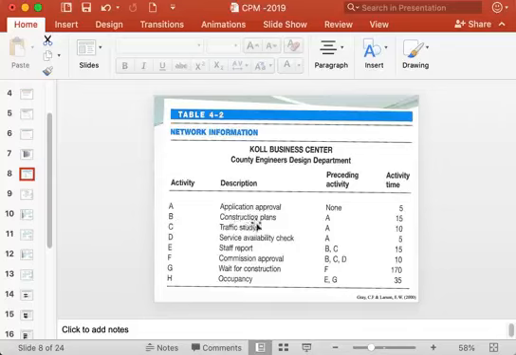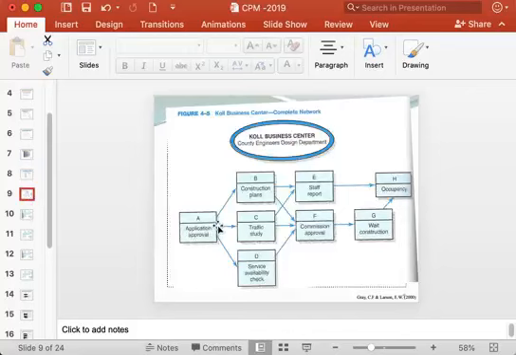Then activity B. For activity B to start, A must be completed. That means activity B starts after activity A is completed. So that is why activity B is coming after A here.